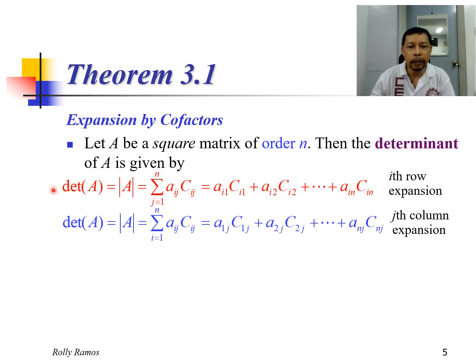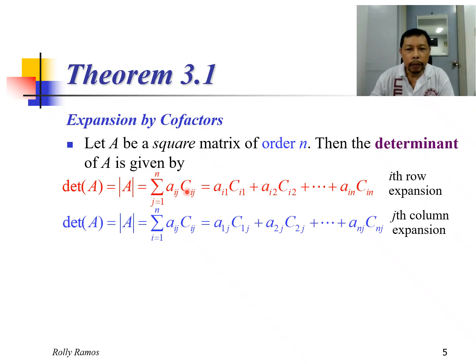They just refer to the same thing. And the determinant of A is equal to the summation of the product of each element of the matrix times the corresponding cofactor in a row. So this is expansion about the ith row. And here j goes from 1 to n.